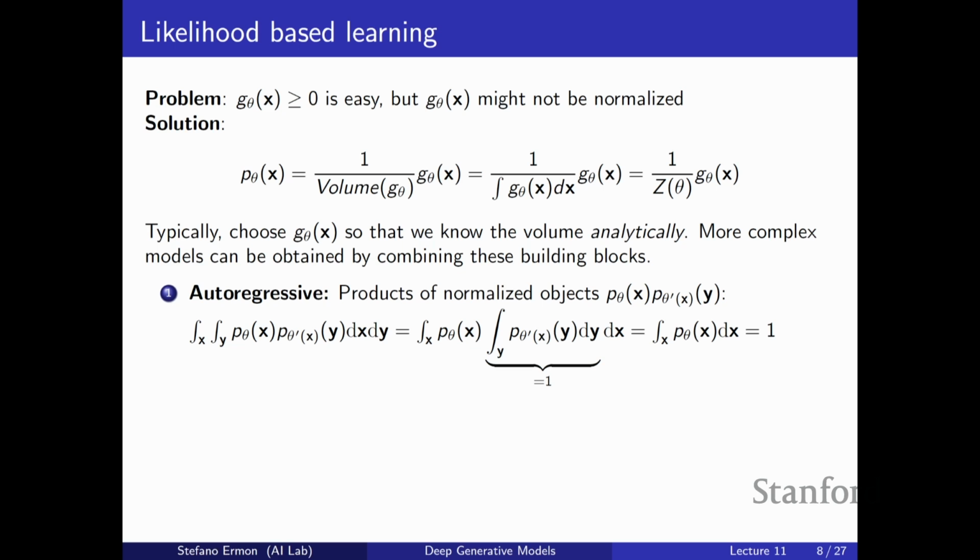Then by design, the integral over y is guaranteed to evaluate to 1, regardless of the choice that you have for x. And then when you integrate over x, again, that object is normalized, and so you get, once again, a full joint distribution that is guaranteed to integrate to 1.